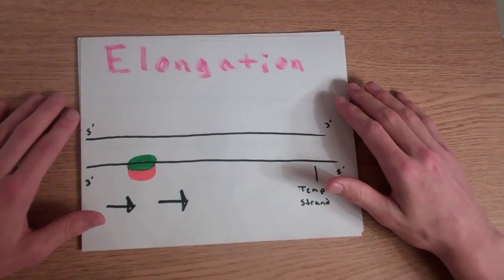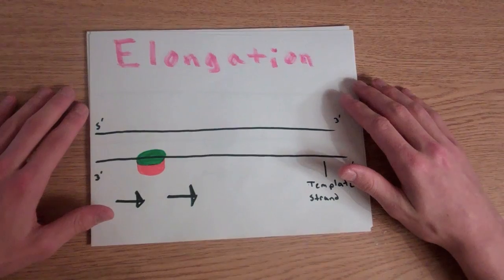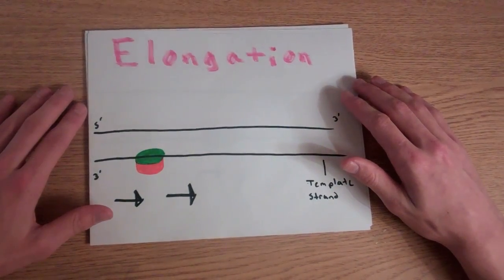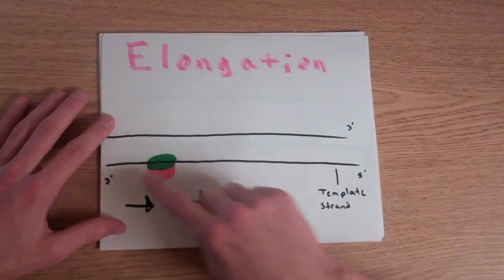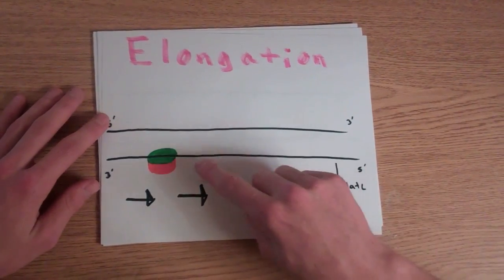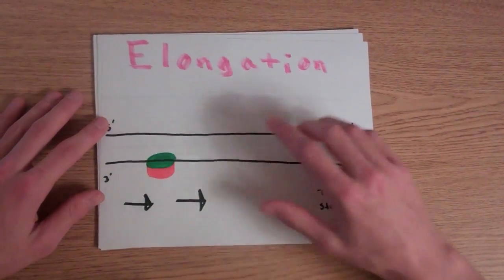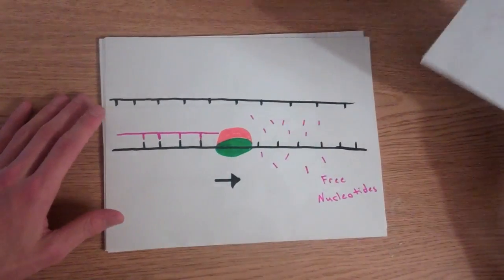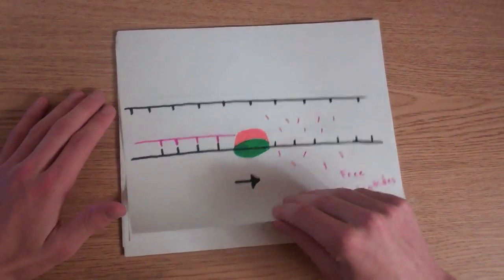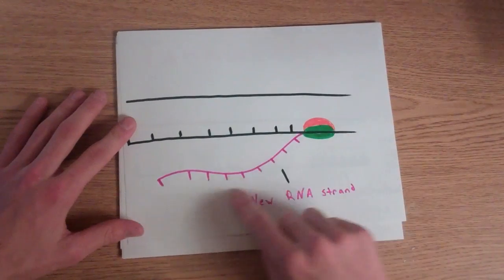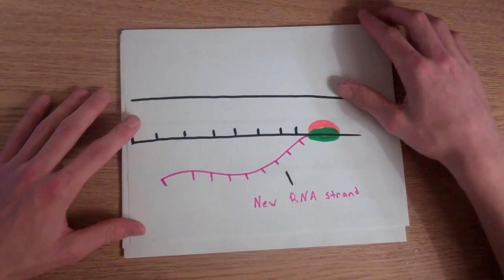In elongation, the DNA that has been unwound by the RNA polymerase can then be replicated. RNA polymerase moves from the 3' end to the 5' end of the template strand, or downstream, and attaches free nucleotides to the strand. This forms a new strand of mRNA.